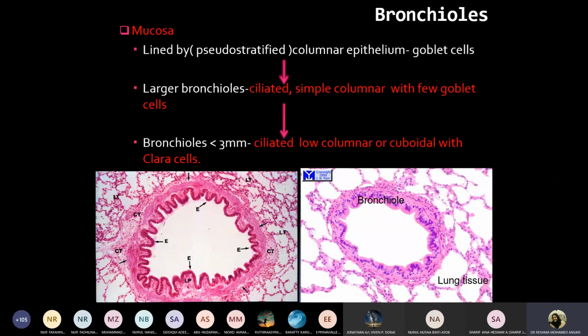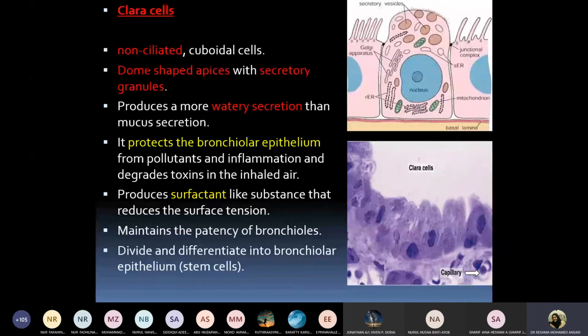When I look at the bronchioles within the lung, you can see the bronchioles are already inside the lung. The lung tissue is there beside it. The epithelium looks plain columnar or plain cuboidal with Clara cells. So what are the Clara cells? They are non-ciliated cuboidal cells. These Clara cells basically replace all the epithelium of your respiratory tract.